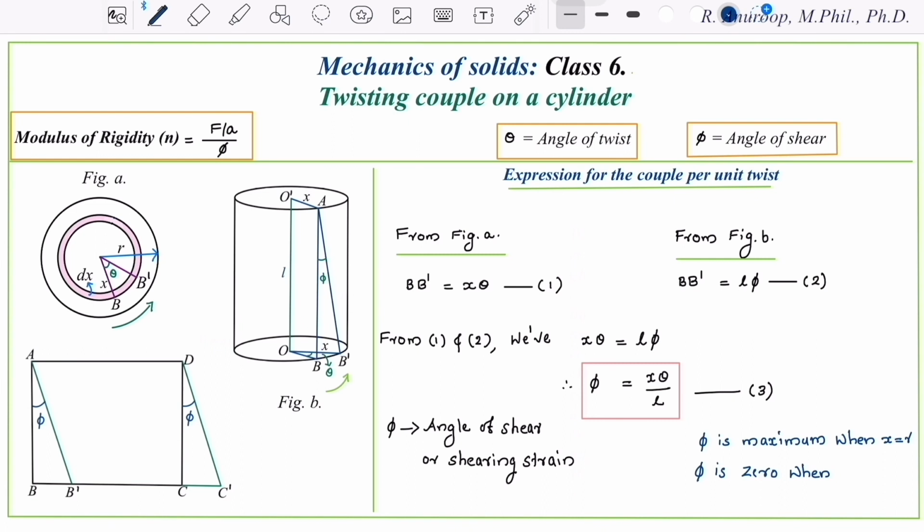And phi is 0 when x is equal to 0, that is, at the axis the angle of shear is 0.